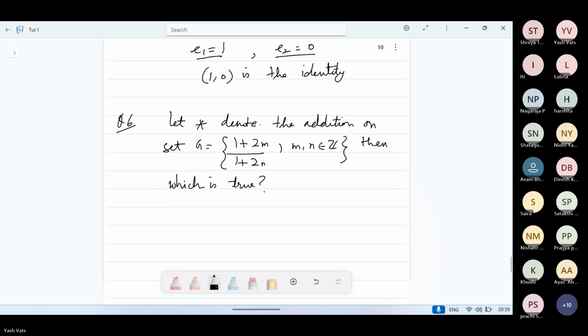Star is associative, commutative, binary. Just try to find out what this star is. Associative: first you check binary, then associative, then commutative. Let me know this.